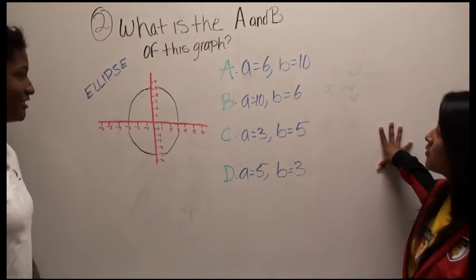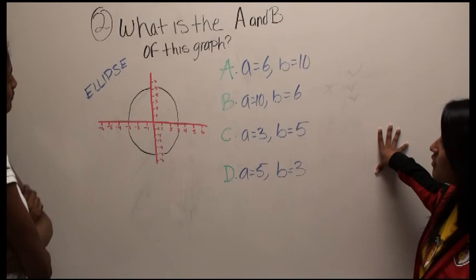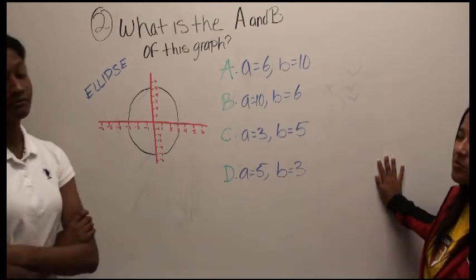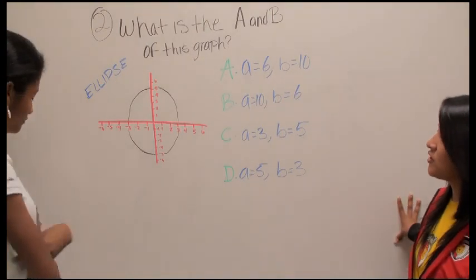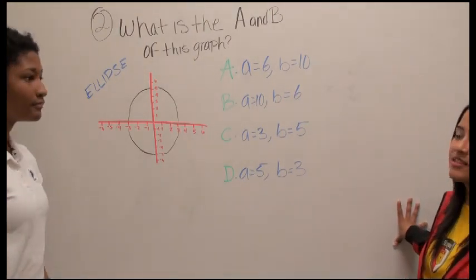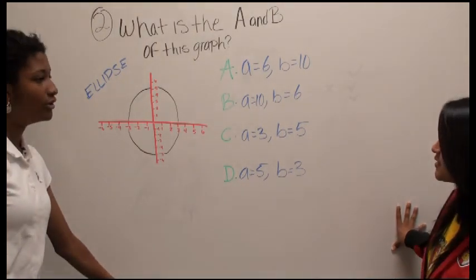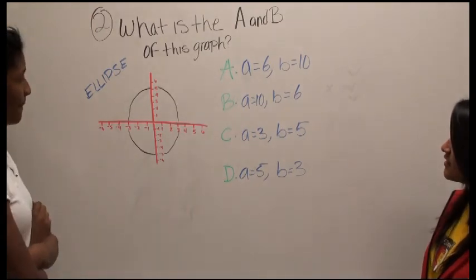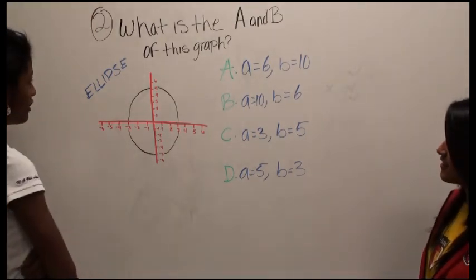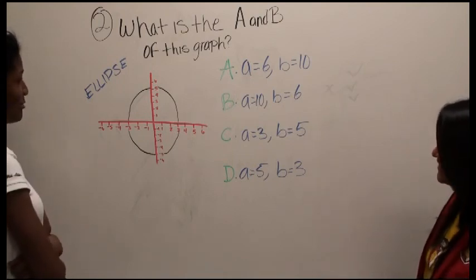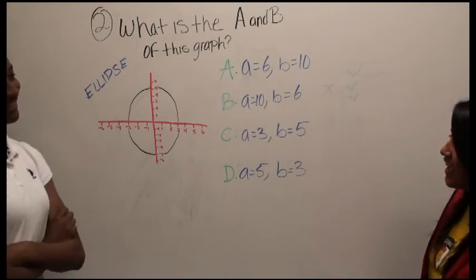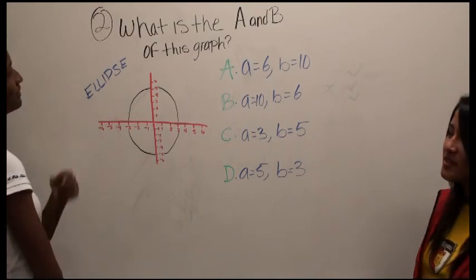Okay. So, let's look at the question. A and B. What is an A and B? Well, I think it's asking for your major and minor axis. I think so too. So, is your A the major or is your A the minor axis? Well, I think it's the major. What do you think?